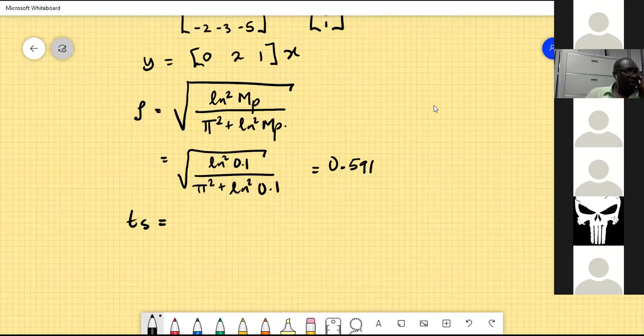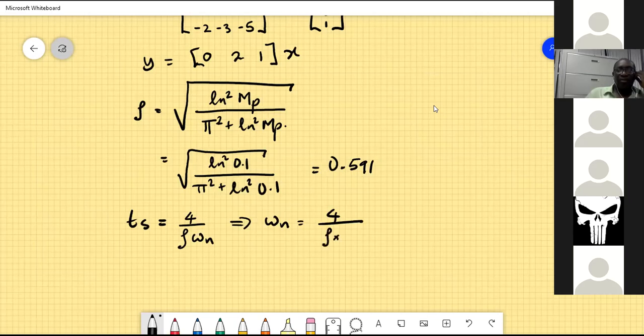All right. What's the formula for settling time? We got 4 over damping ratio times natural frequency, omega n. So it implies that omega n is equal to 4 over damping ratio times settling time, 4 over 0.591 times.